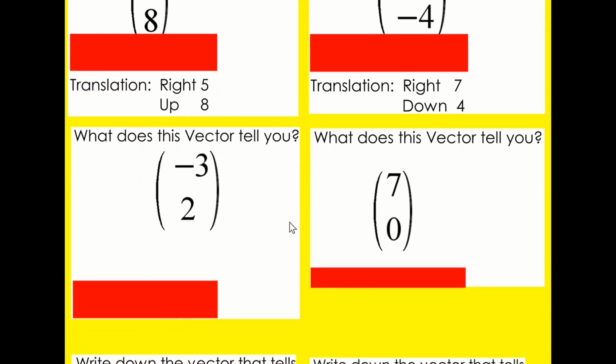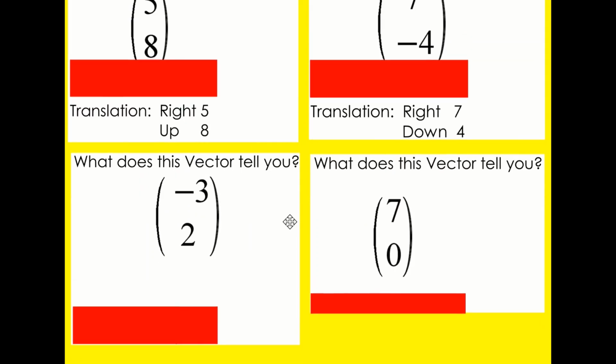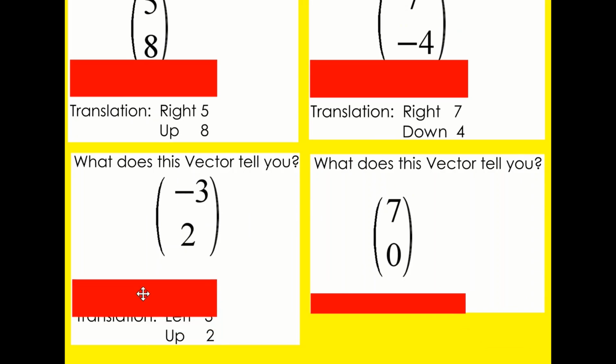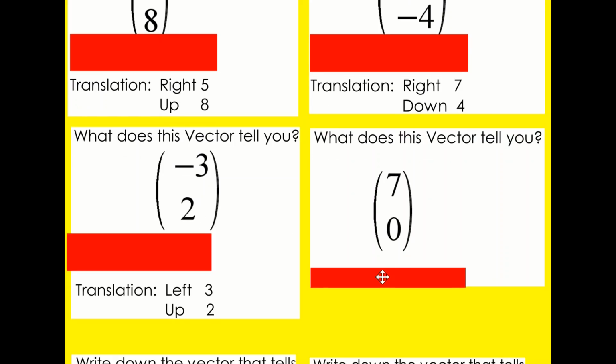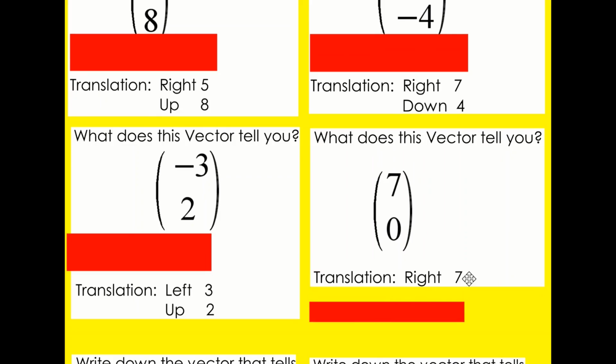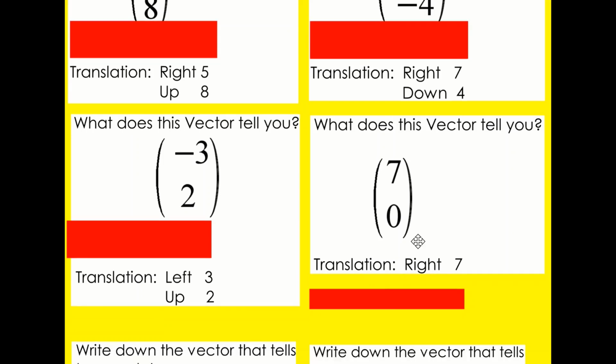Another two to try. -3, 2. That is going to be left by 3 and then up by 2. And then 7, 0. This is going to be right 7. And you don't need to say 0 up. You just say right 7 and you're done. If you did write 0 up, that's okay, as long as you recognize that fact.